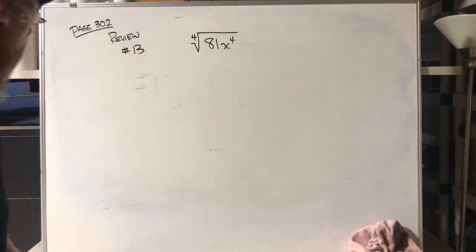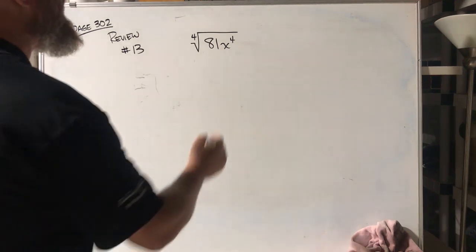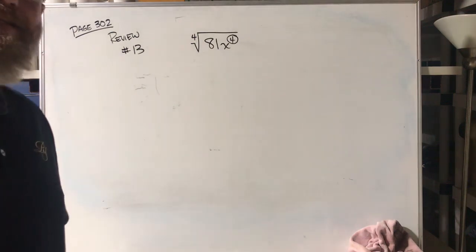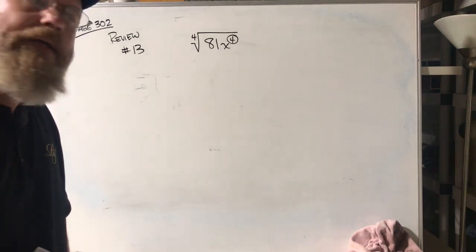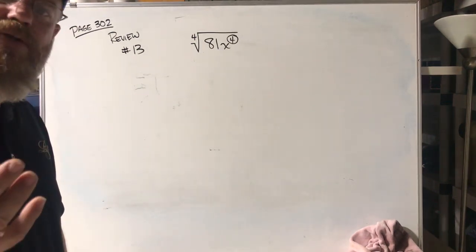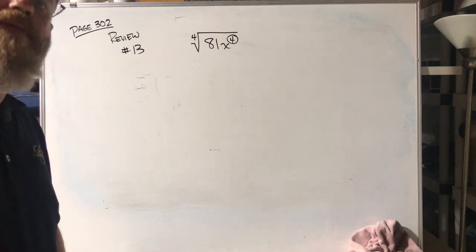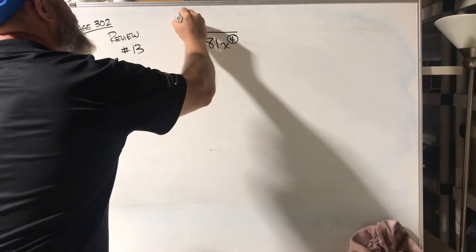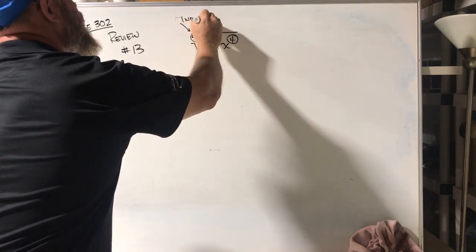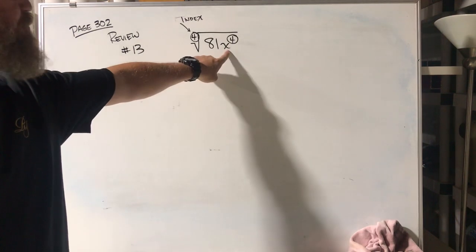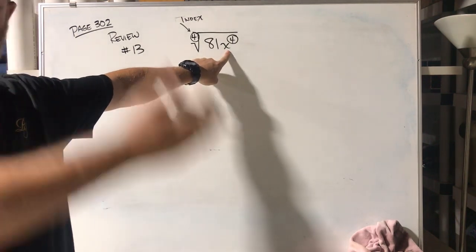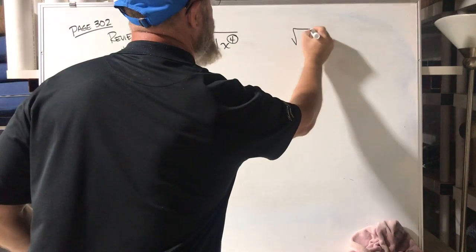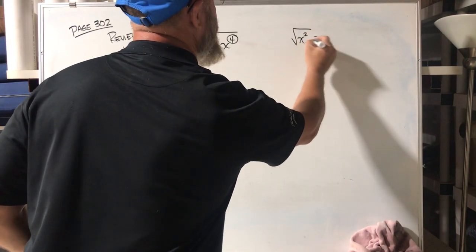Now, there's a rule here that if an exponent on the inside of the radical is equal to or greater than the index, this is the index, then you can pull that factor out. All right? So if I had the square root of x squared, right?